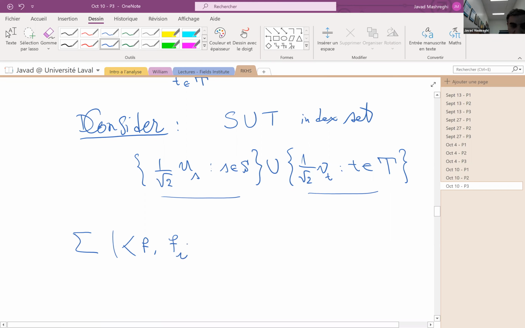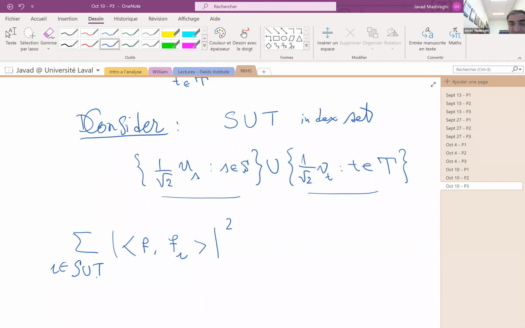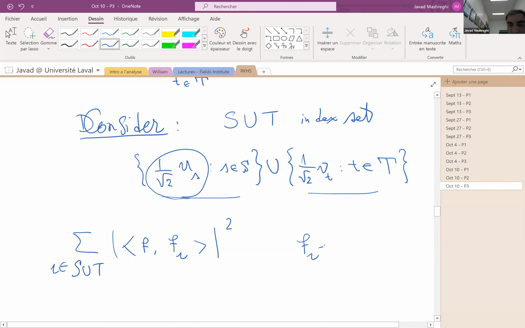Here iota is in S union T. So if iota is in S, F_iota is 1 over root 2 U_s, and if iota is in T, it is 1 over root 2 V_t.